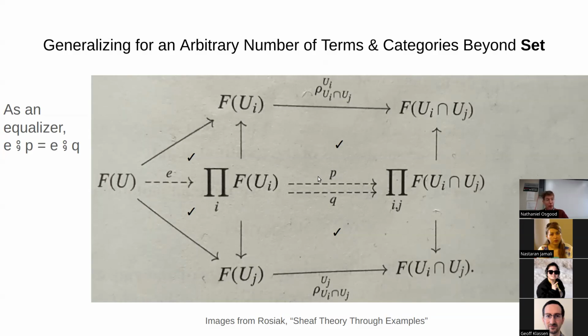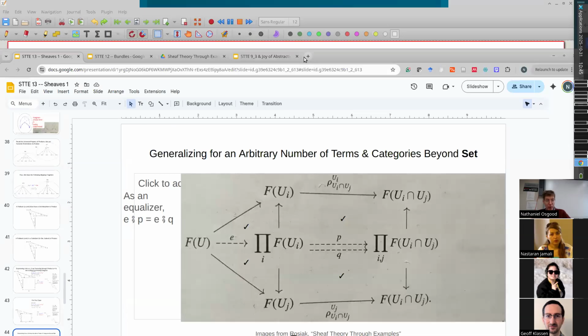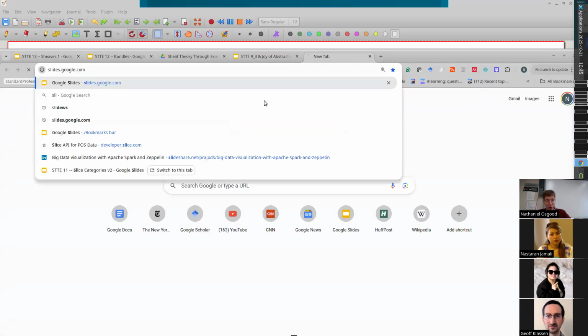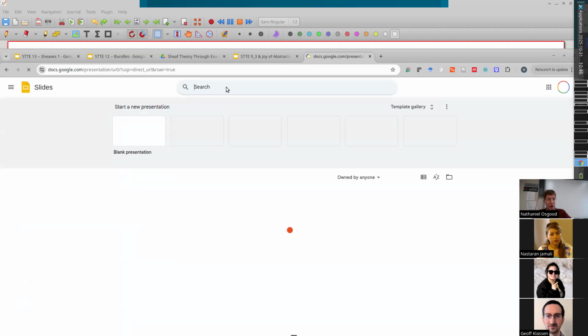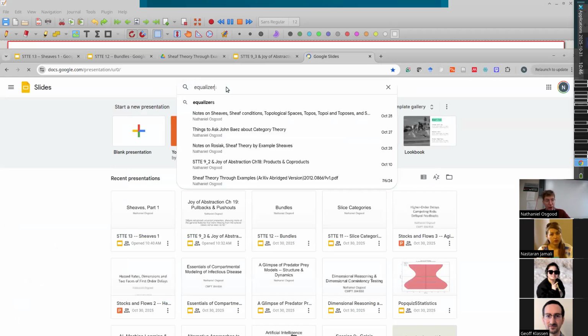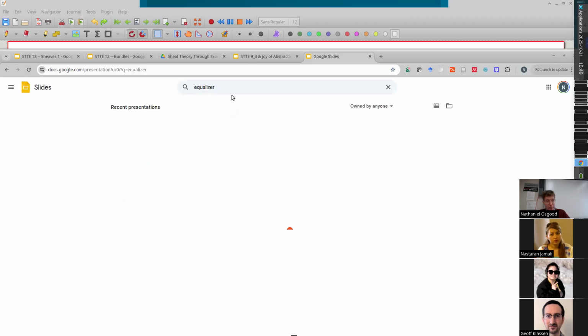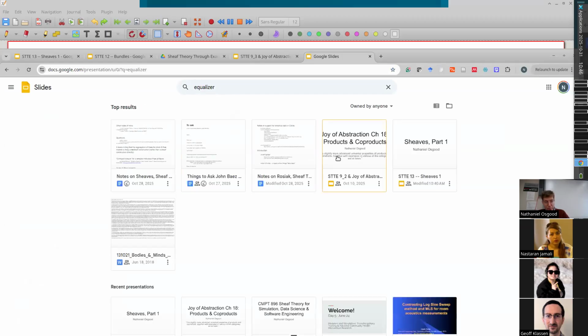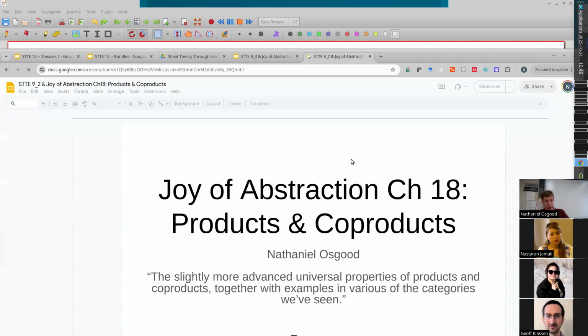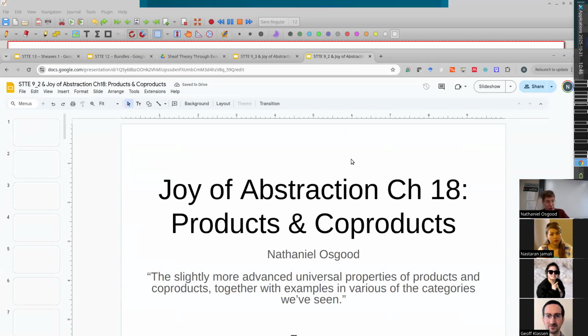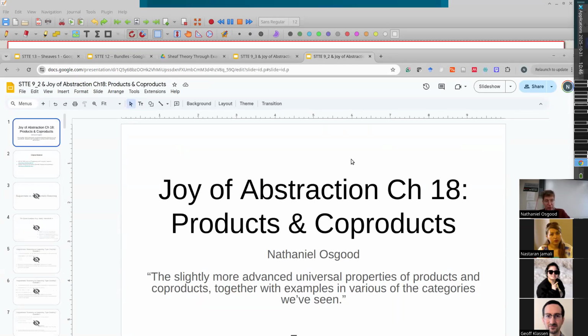That's what an equalizer does. Do you remember what an equalizer does? Remember, we saw equalizers before. I should really have called my equalizer slides up, but I ran out of time. Equalizer, right? I guess they would be in this set of slides here. Let's go look for equalizer.